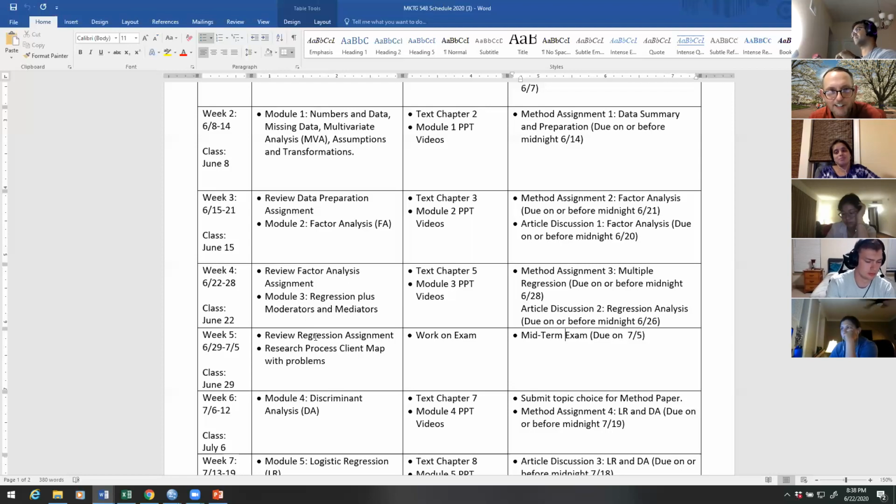Be an explorer. You're a detective, it's the data. See what you can find. You may also be able to integrate some of this into your internships and your work, and you may be doing some of it already. If that happens, that's pretty good as well.